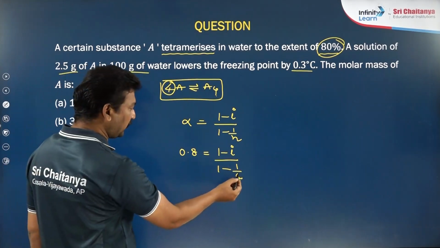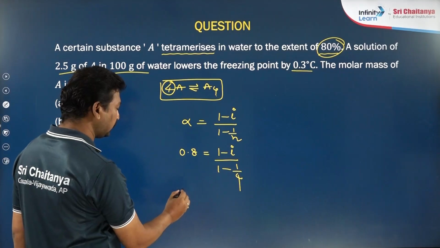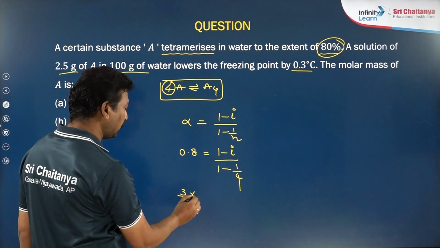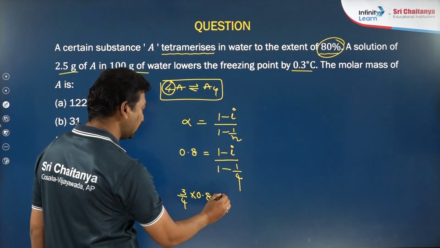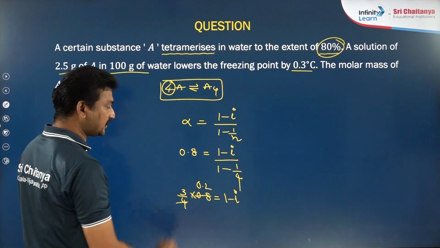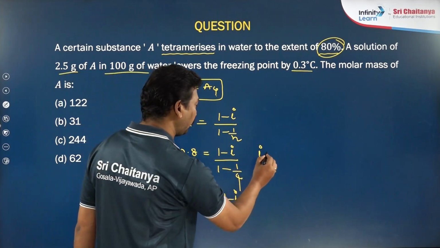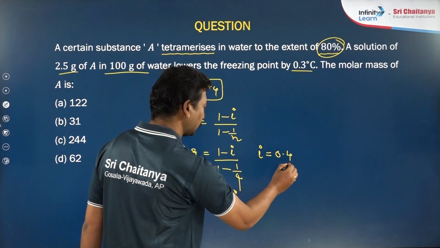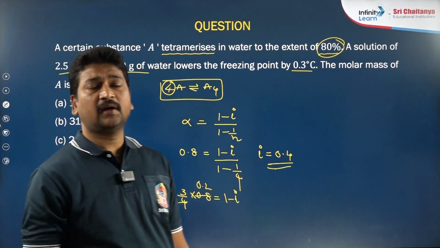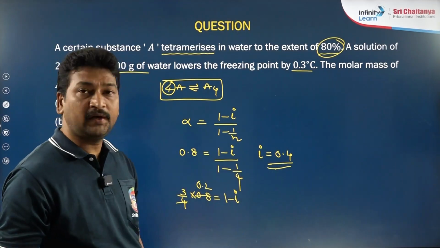So 1 minus 1 by 4 is 3 by 4. 3 by 4 into 0.8 is equal to 1 minus I. So this is 0.6. 1 minus I is 0.6, then the I value will be 0.4. For association, the I value should be less than 1, no? So I is 0.4.